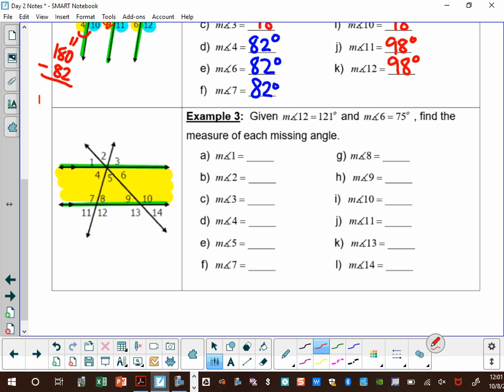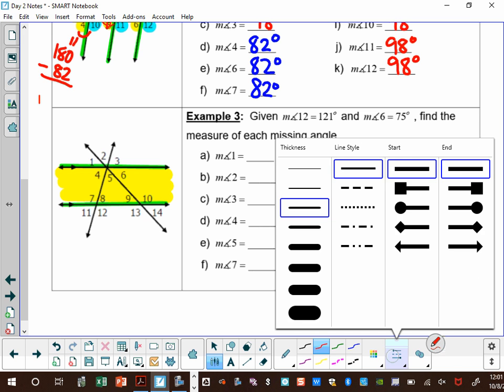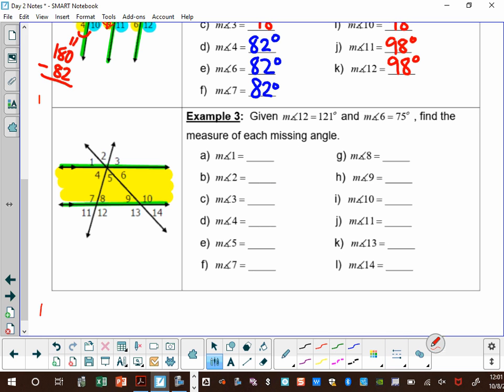All right, so they told us that angle 12 was 121 degrees, and angle 6 was 75.